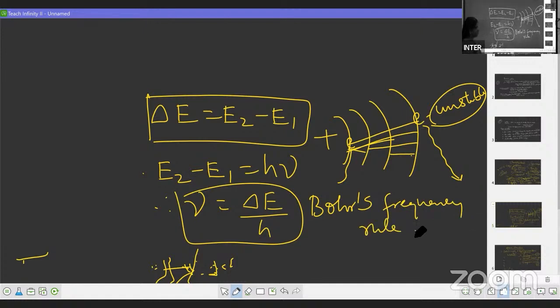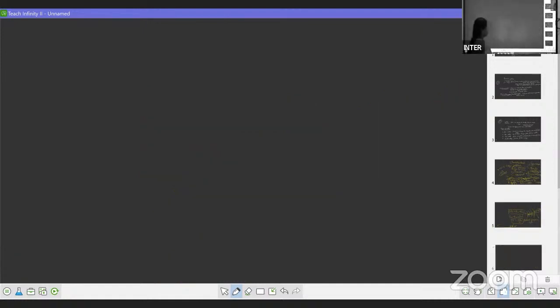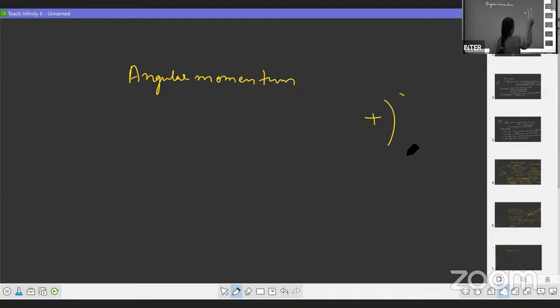Important. The next postulate is about the angular momentum. So what is the angular momentum? We know that the electron is revolving in the orbits with some particular velocity, and it has mass.